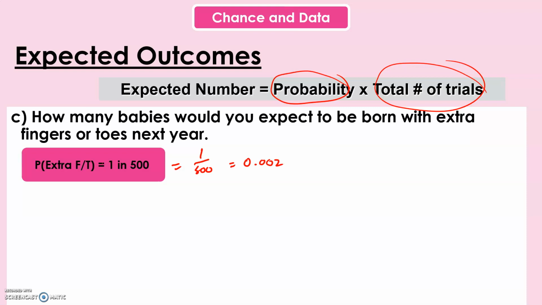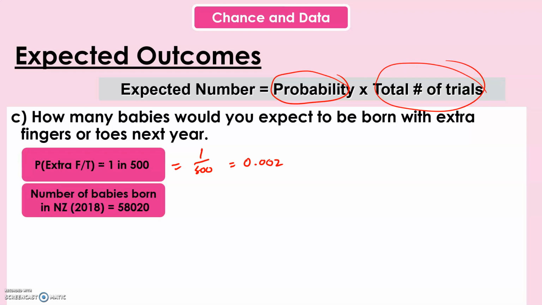So the second part is we need to know how many babies were born in total. Now, the great thing is we can look this up from the census or from records and things like that. There were 58,020 babies born in 2018. Now, it sort of brings up the question about next year.